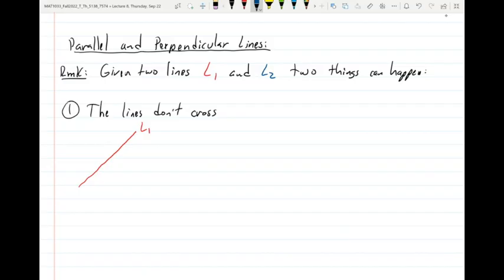Let's say here is line 1, and then here we have line 2. The point is that they are going in the same direction all the time, keeping the same distance between each other. So the lines don't cross, and the second situation is that the lines cross.